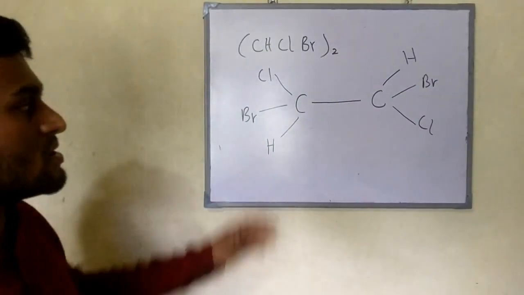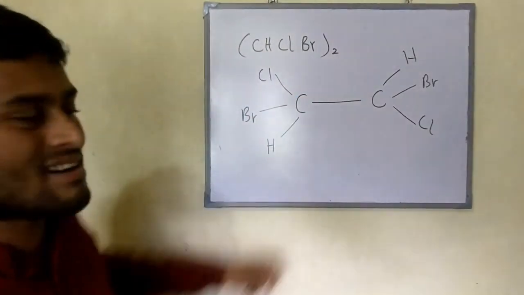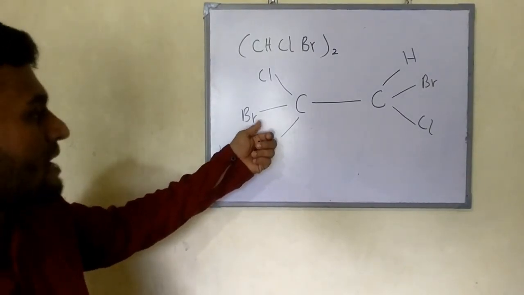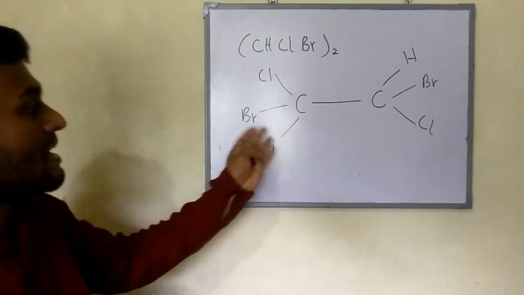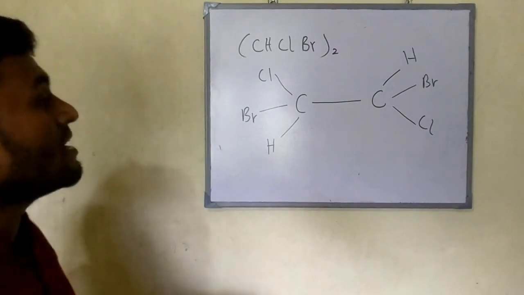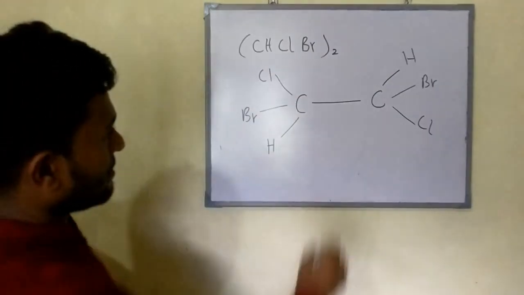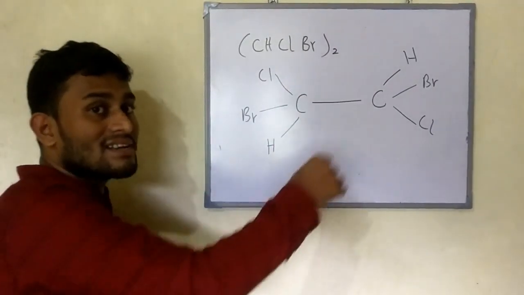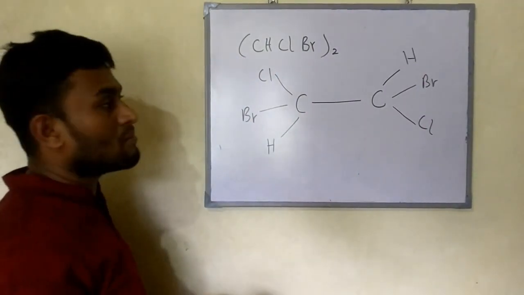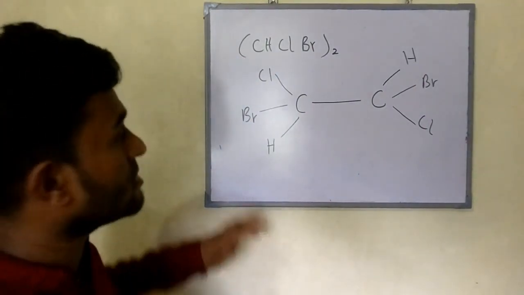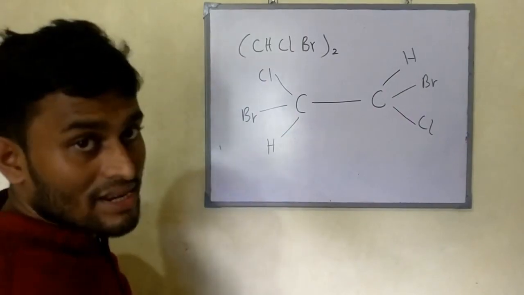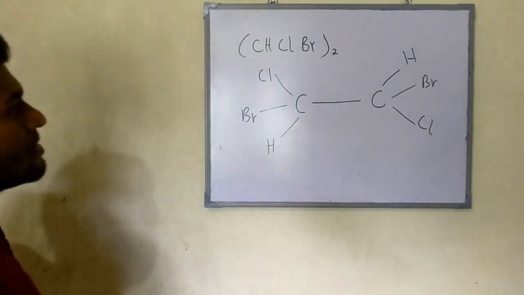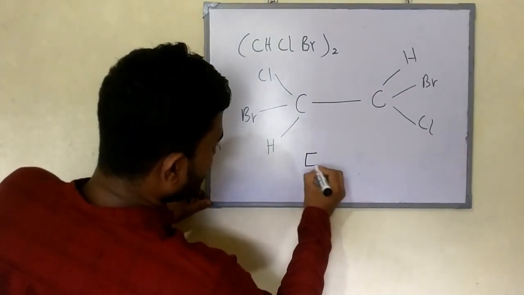And I am not going to show you the 3D conformation. Here also one atom will be in the inside and the other atom will be in the outside, because if you take this portion, it is a tetrahedral-like molecule, but anyhow it is not going to be located in a plane. So what are the symmetry elements?